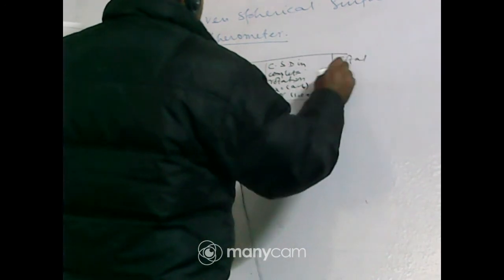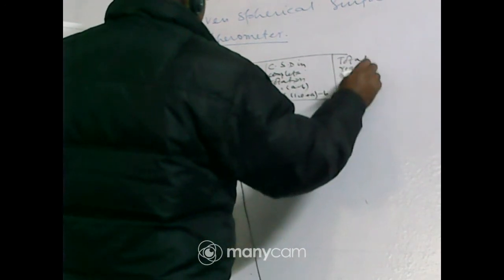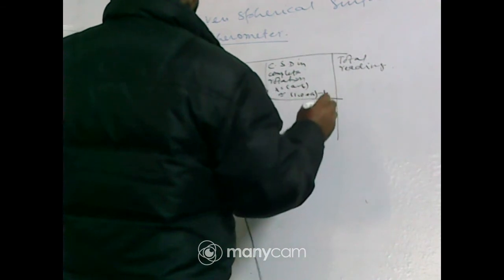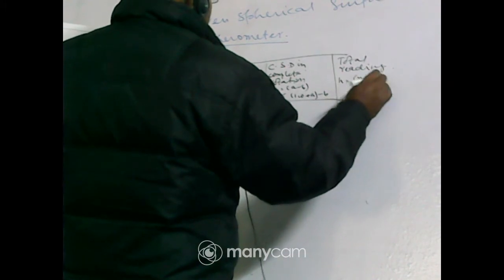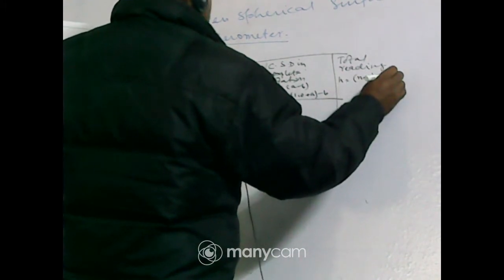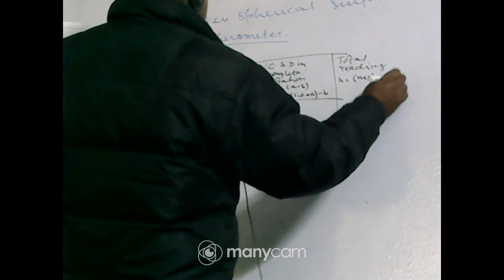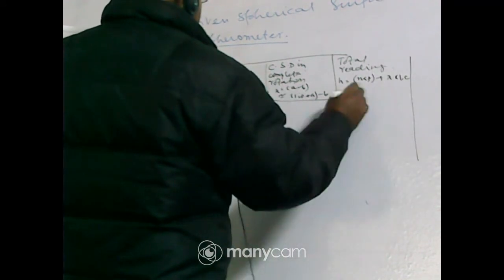Total reading: h equal to n into p plus x into LC, in centimeter.